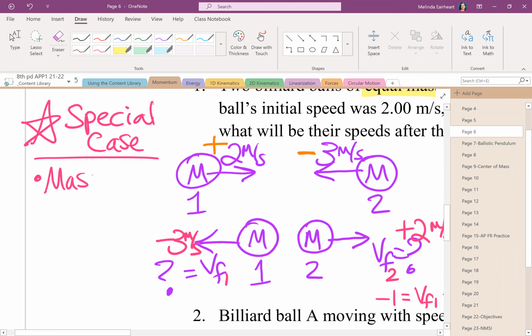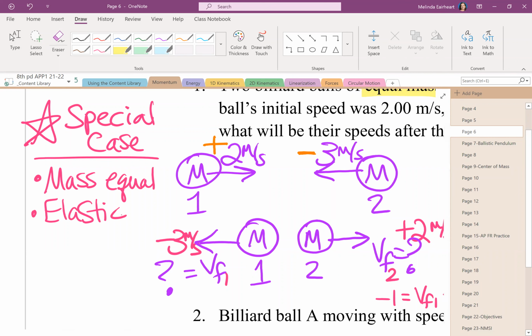Big masses are equal, and it has to be elastic. They have to say the word elastic, okay? Bouncing off, it could still be inelastic, but if you have an elastic collision with equal masses, they do just trade velocities. Question?